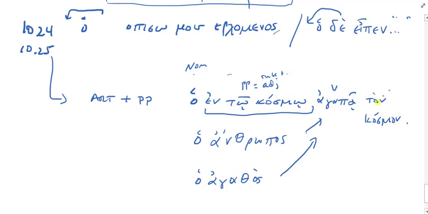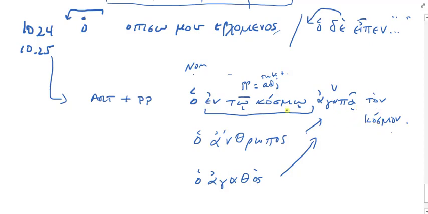What do we do with that? Well, this prepositional phrase is basically functioning like a substantival adjective. You know how I could put a noun here, ho anthropos agapa ton kosmon. The man loves the world. I could say ho agathos. There's an adjective functioning substantively. The good man loves the world. And then I can put a prepositional phrase in the same place that I can put a noun or a substantival adjective. The in the world one loves the world.